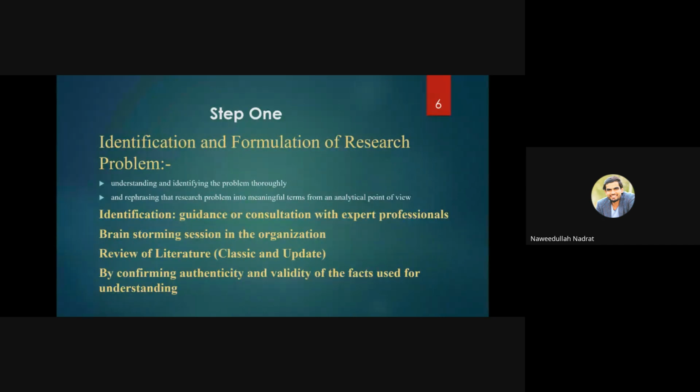So sometimes this can also be done with the help of your administrative head, because that is part of the organizational setup of this development sector. And of course, in case of this particular research class, the major source to identify the research problem is basically review of literature.